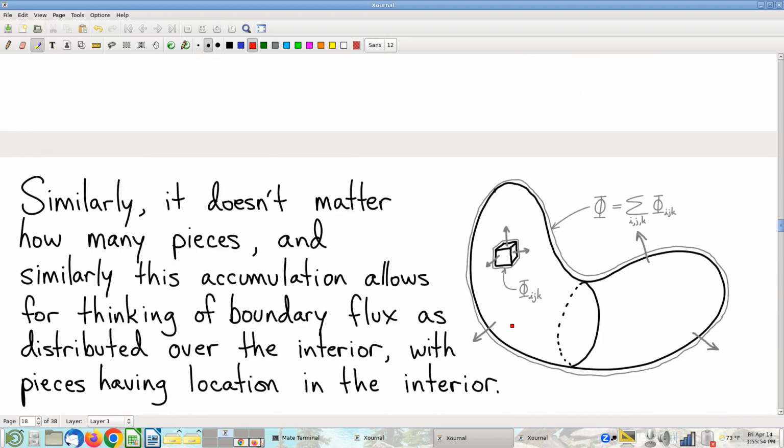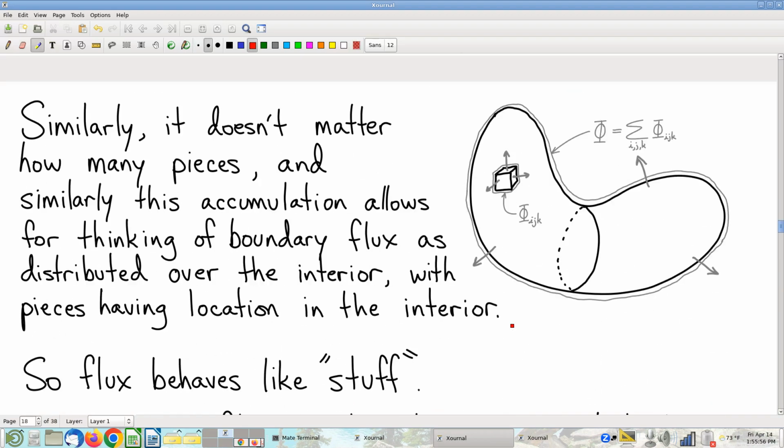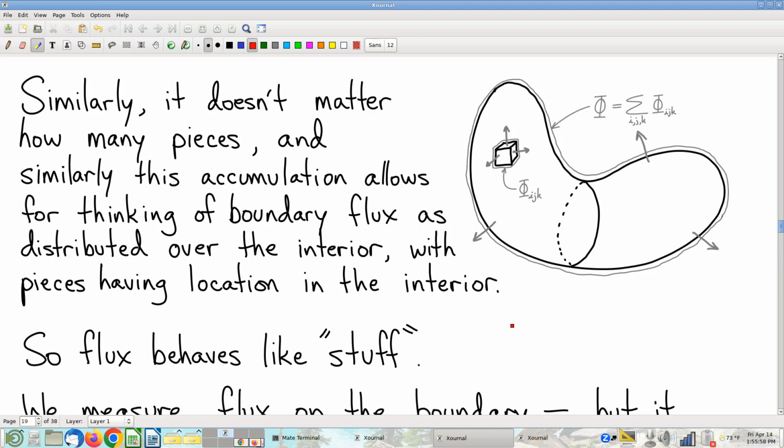Alrighty, moving along. I've made the observation before that when you have an accumulating quantity, whatever it actually is, you can think of it as stuff that is distributed over that interior over which it accumulates.